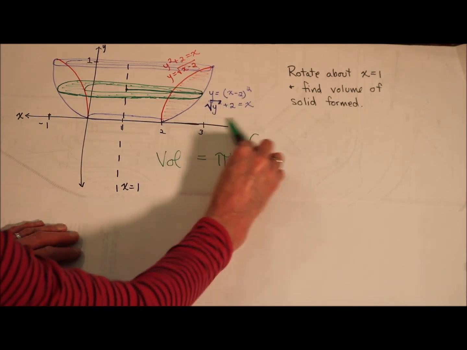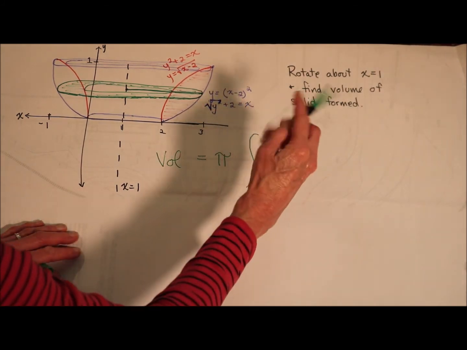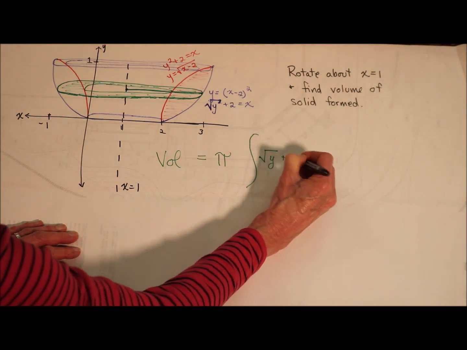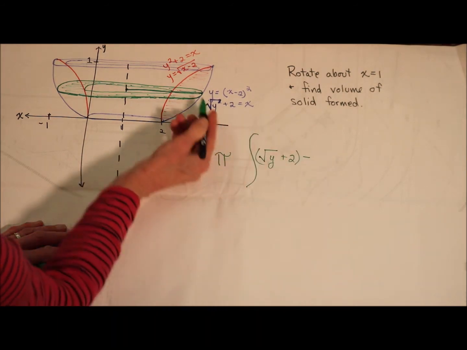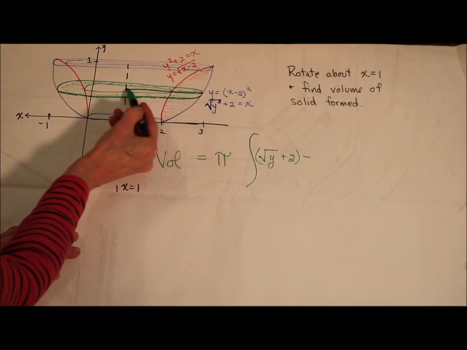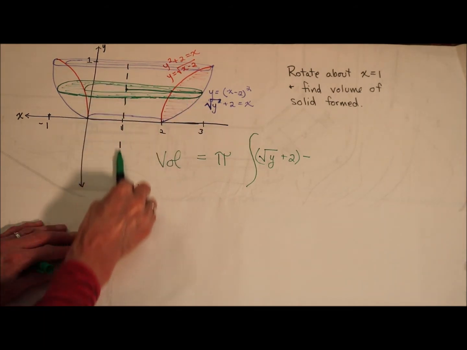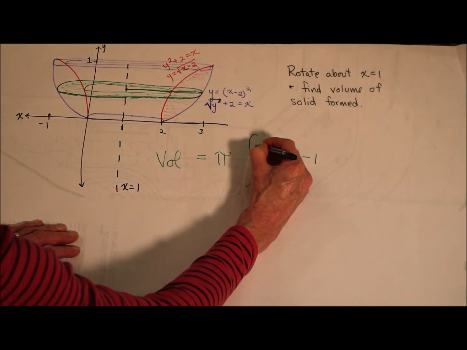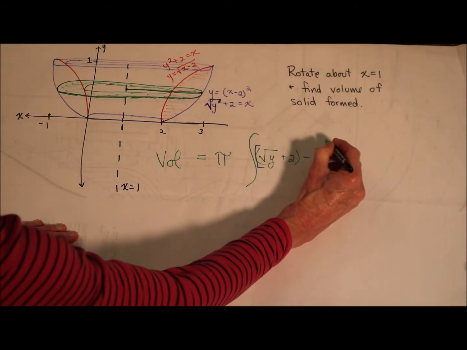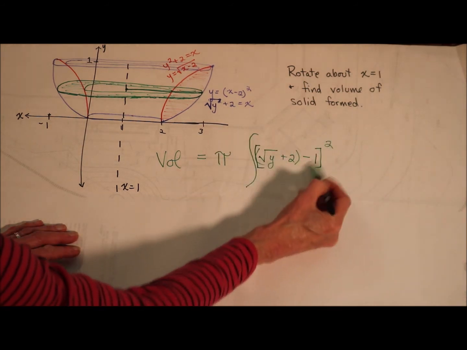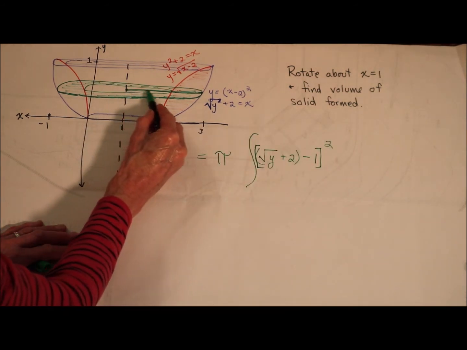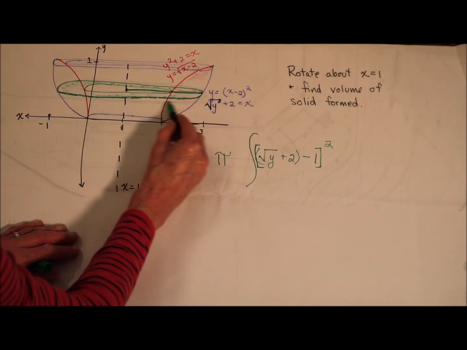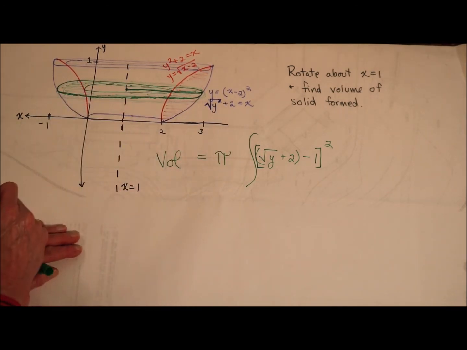I have to express that curve in terms of y, so it's square root of y plus 2, the right-hand curve, minus the left-hand curve, which is 1. That's my radius, so there's pi r squared, the area of this big green circle. If you need to stop and think about that, do, because that's a little tricky.